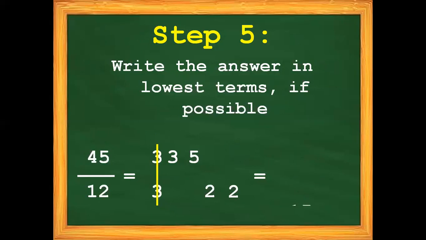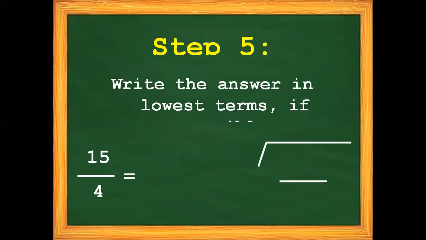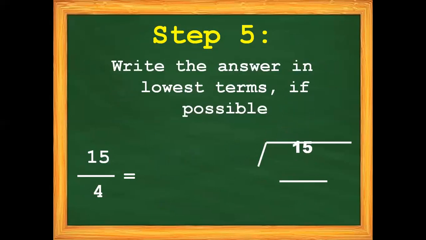So our fraction now is 15/4. Since the answer is an improper fraction, we need to change it into a mixed number. So first, 15 divided by 4.